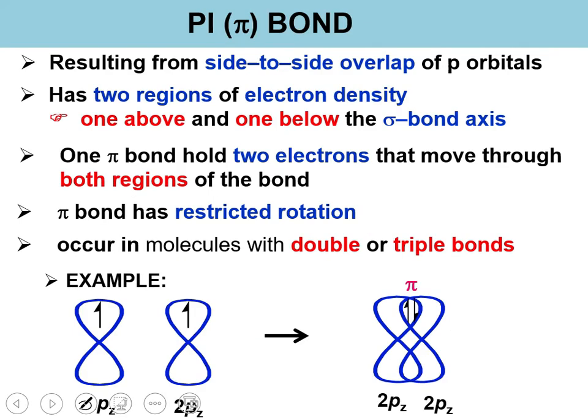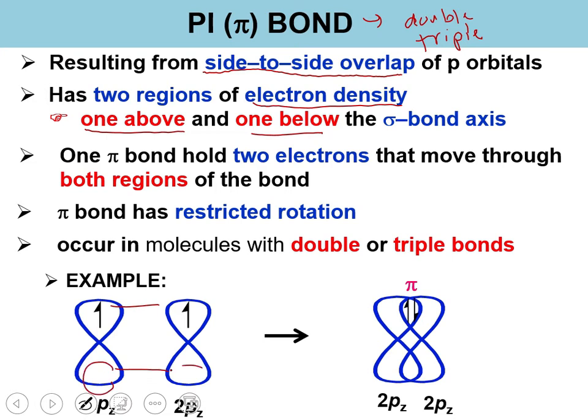What about the pi bond? Pi bond is different from sigma bond. Pi bond is usually in a double bond or triple bond, which we will see later. They will have two regions of electron density, above and below, because the overlapping is side to side.